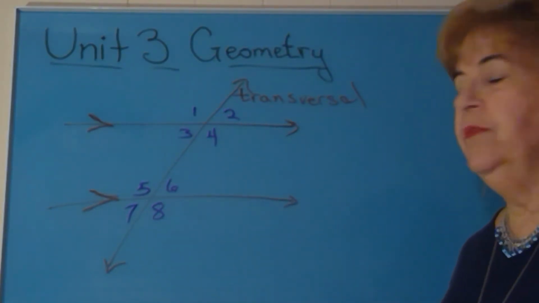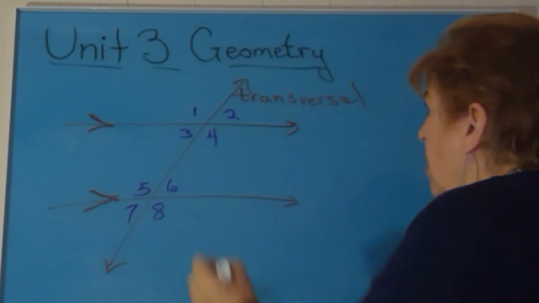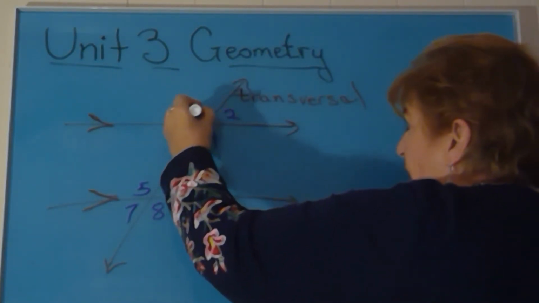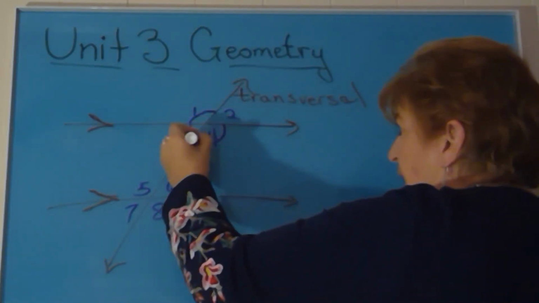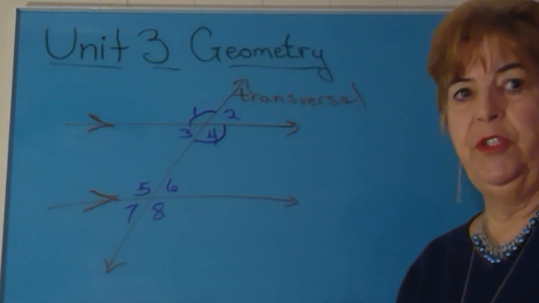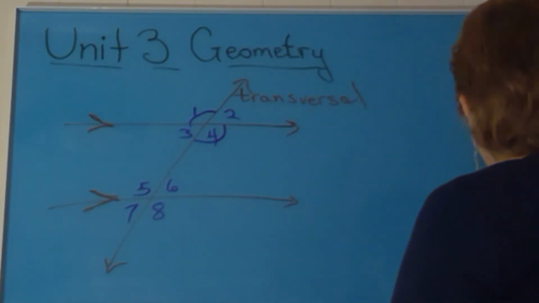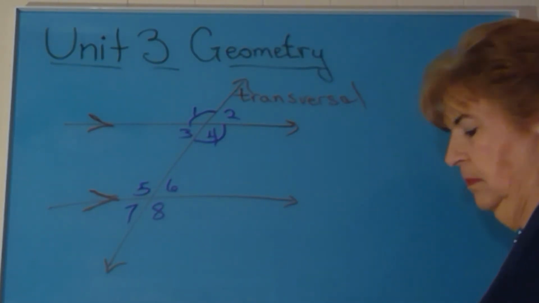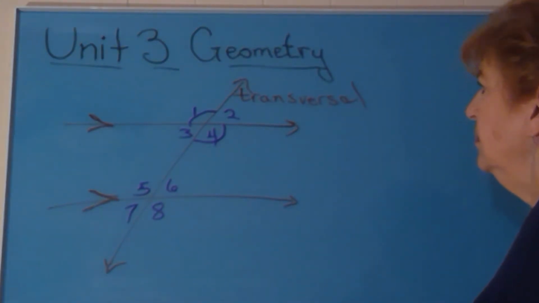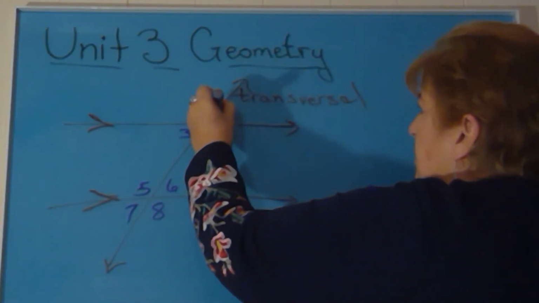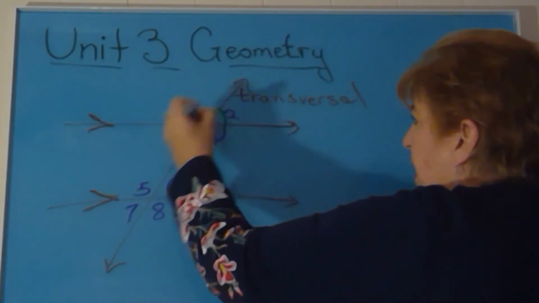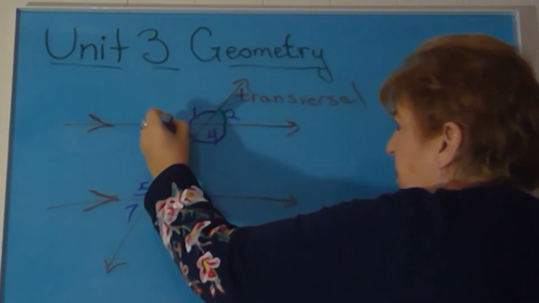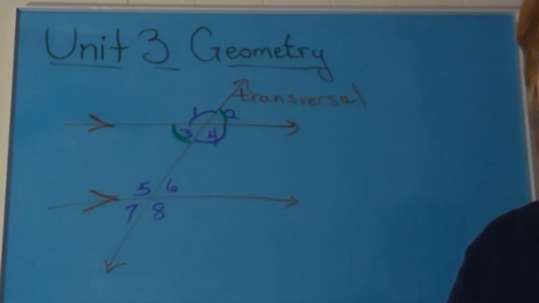We already know that vertical angles are equal, which means I know that this angle and that angle have the same measurement. We also know that that angle and that angle are vertical, so that they have the same measure.